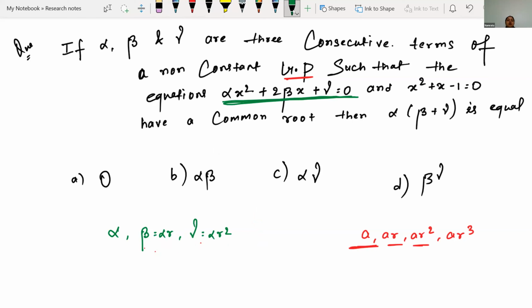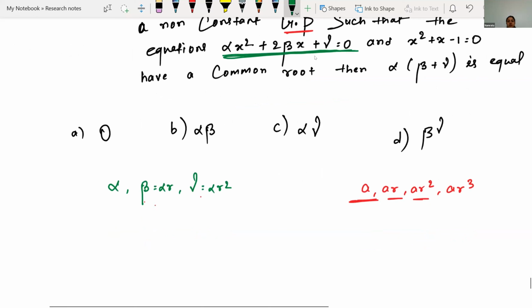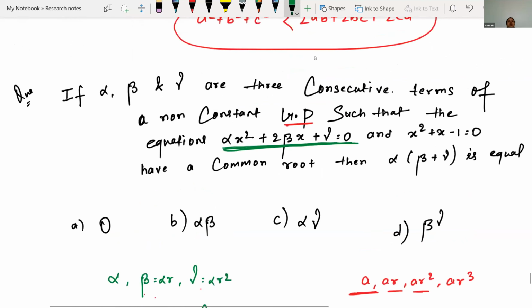Here we can see this equation is given, where alpha, beta, gamma is there. So if we substitute the alpha, beta, gamma values according to the geometric series, alpha x square plus 2 beta x plus gamma is equal to 0. This is one of the equations. What exactly the question says is that there are two equations and both have a common root.